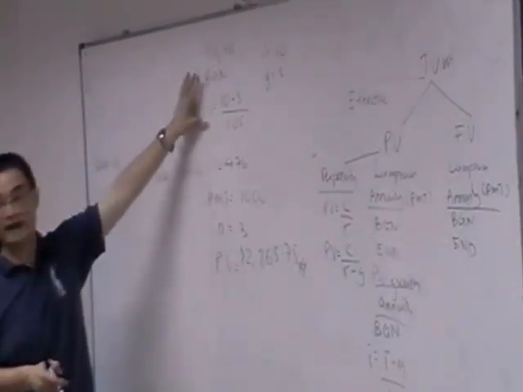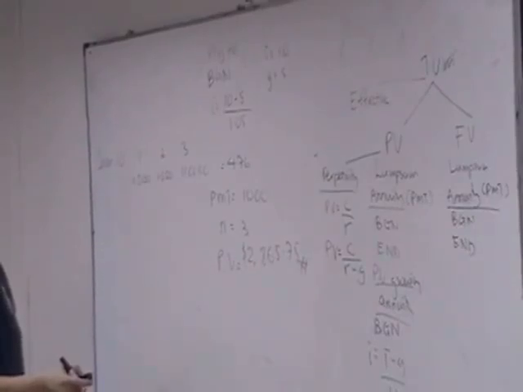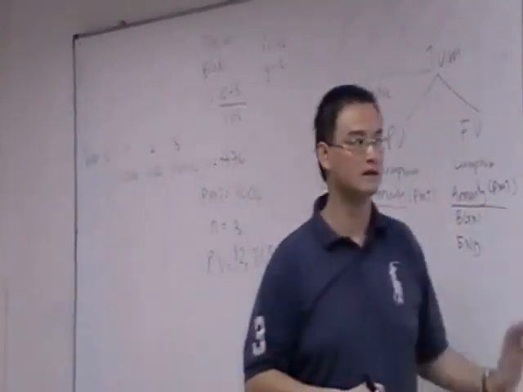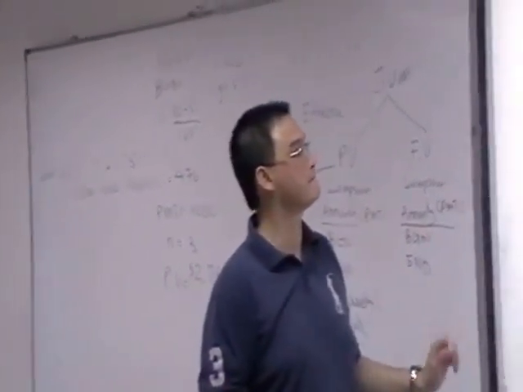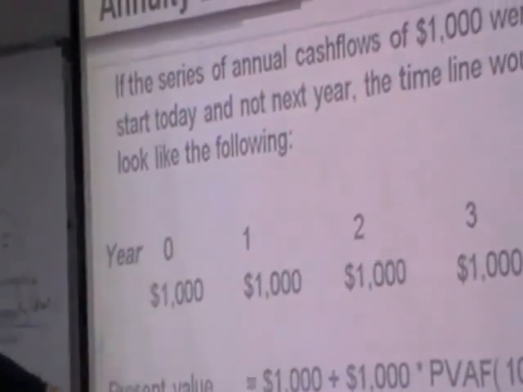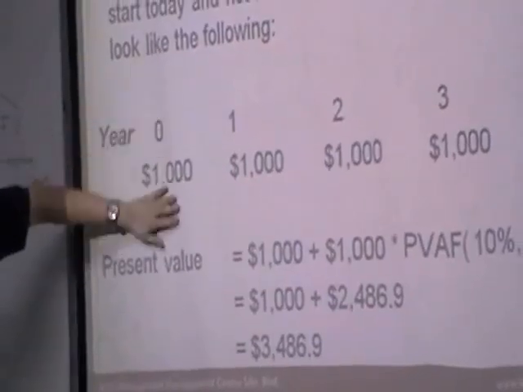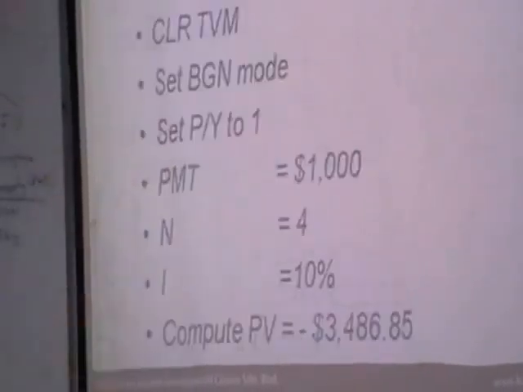Remember the very first example. Now, you have to remember the exception. This one here, 1000 at year 0, begin mode, very simple. This 3486 is at year 0, the same year as the PMT.